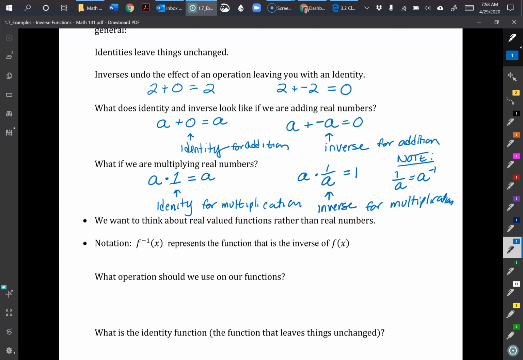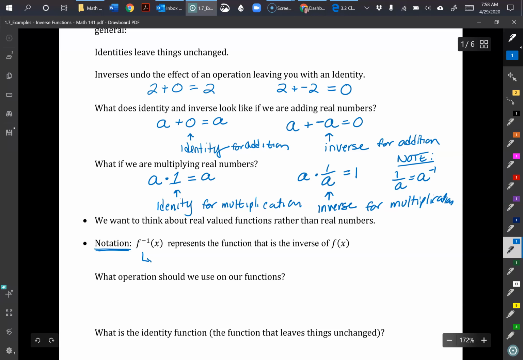We want to think about real valued functions rather than real numbers. So we're thinking of the function as a whole now. So we have some new notation here. To write an inverse of a function, we actually put the negative 1 there, the power negative 1, attached to the f. It's not the same as f of x to the negative 1.